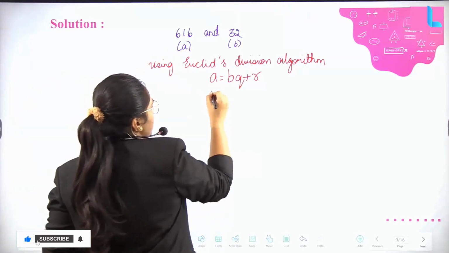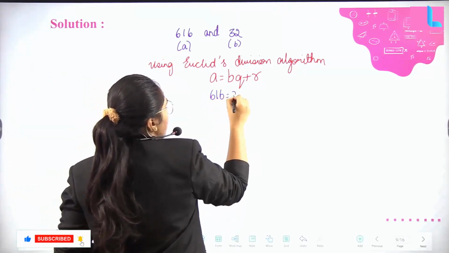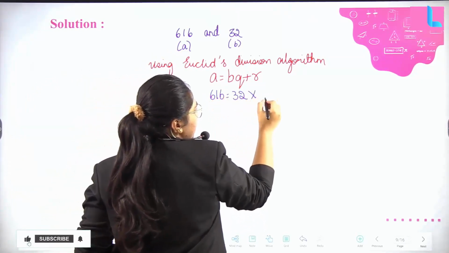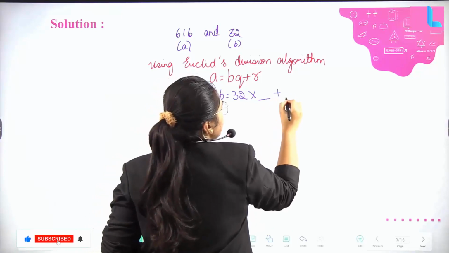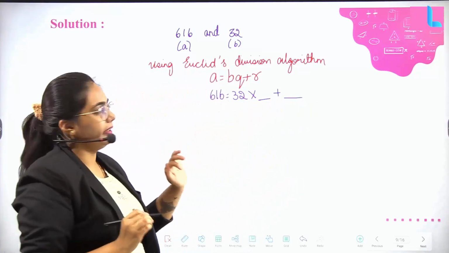So to substitute, 616 is equal to 32 into some quotient plus some remainder that you have to find.